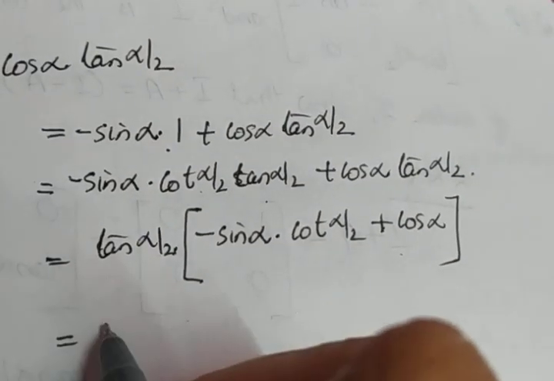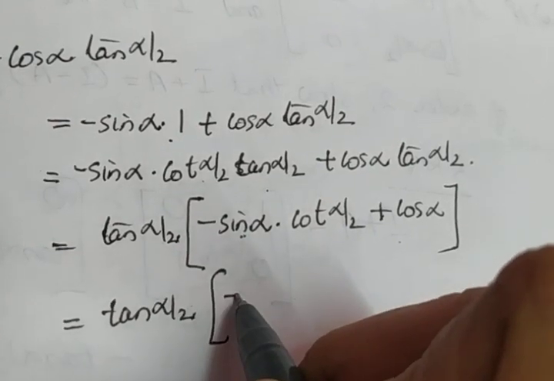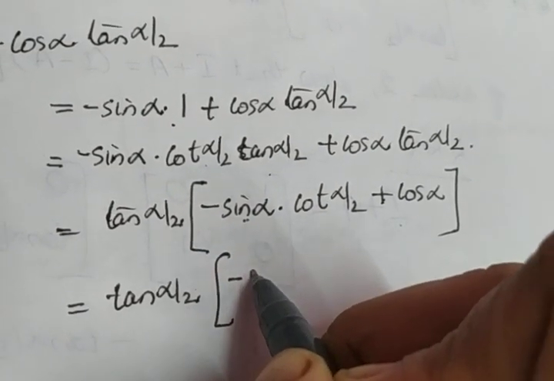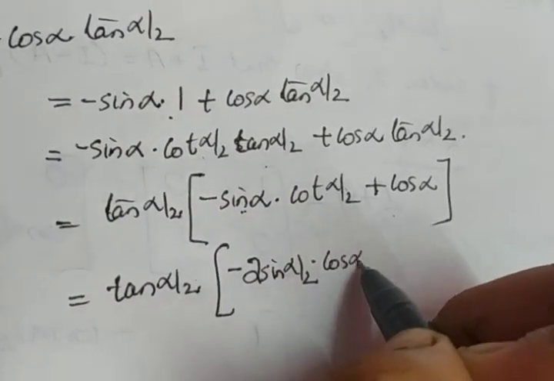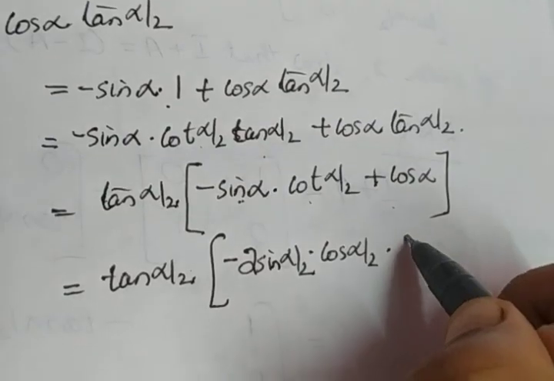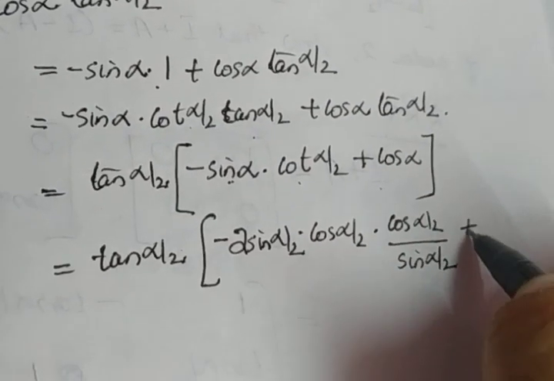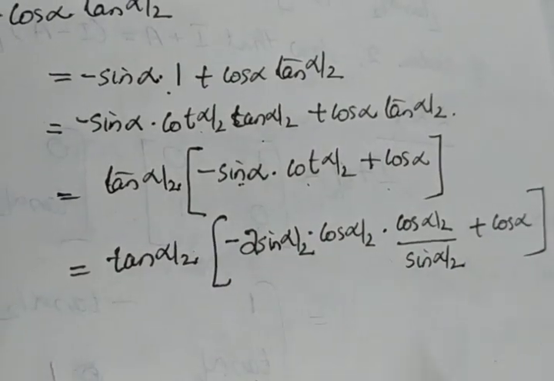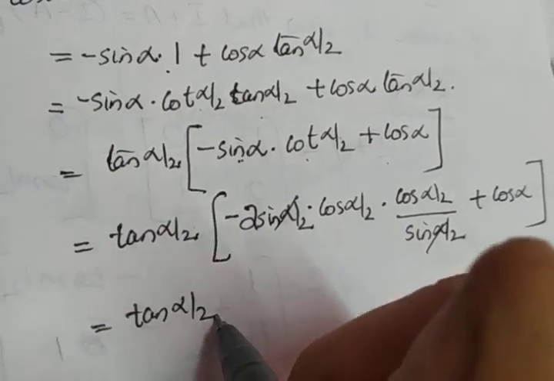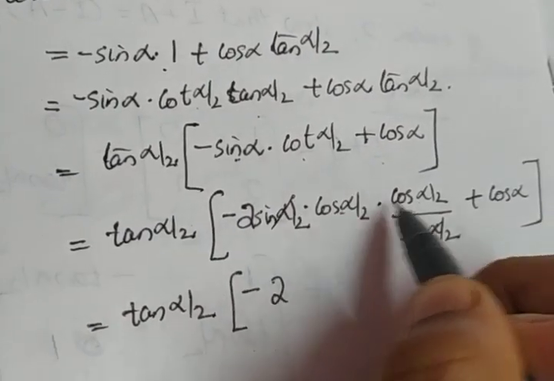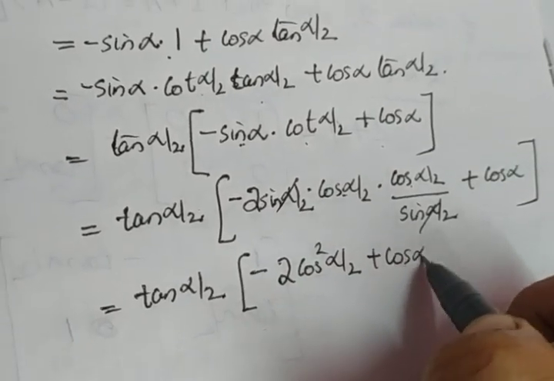So that is equal to tan alpha by 2 into minus sin alpha. Instead of sin alpha, give the same formula which we gave for the first part. That is 2 sin alpha by 2 into cos alpha by 2 into, instead of cot alpha by 2, we can write cos alpha by 2 by sin alpha by 2, plus cos alpha. Again sin alpha by 2 gets cancelled, giving you tan alpha by 2 into minus 2 cos square alpha by 2 plus cos alpha.